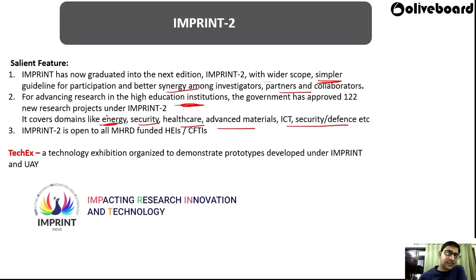Whatever we discussed in our last slides under the IMPRINT 1 scheme is applicable to this scheme also. But here we are looking for anything which can be directly converted into technologies. In IMPRINT 1 we focus on research, but here we want research to be converted into some kind of technology. That is the difference between IMPRINT 1 and IMPRINT 2.